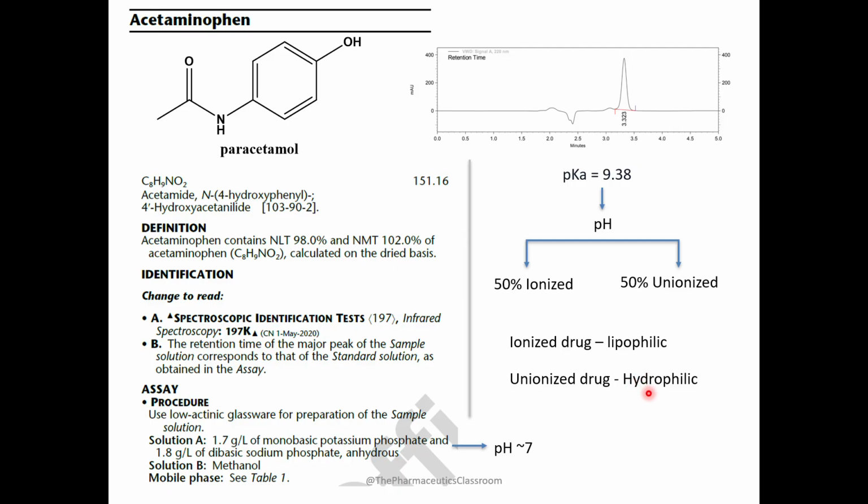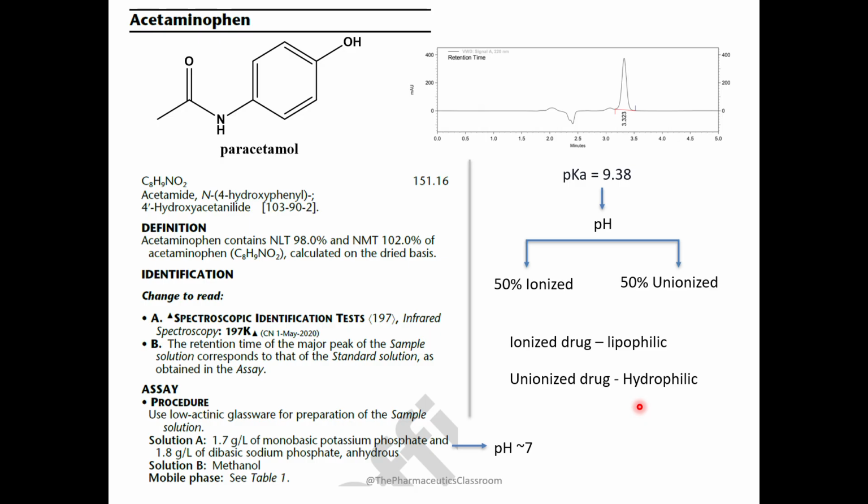So the same molecule can behave differently in a single column. Suppose I am using a C18 column and my drug is ionized, it will not interact with my C18 column as its physicochemical property has been changed because of the ionization.